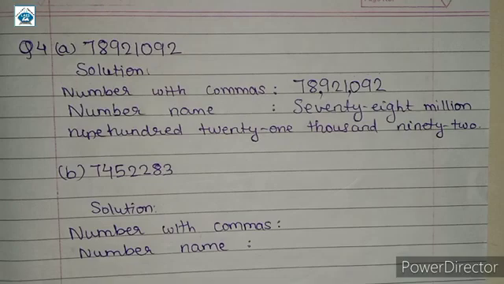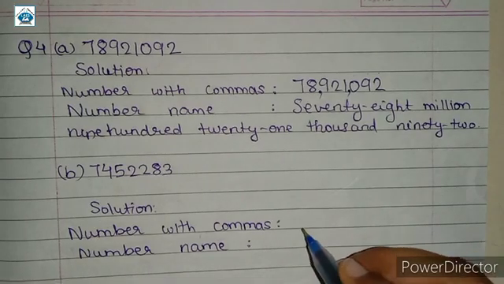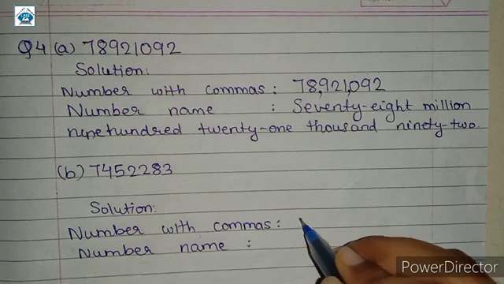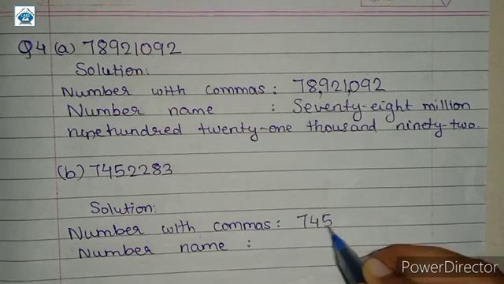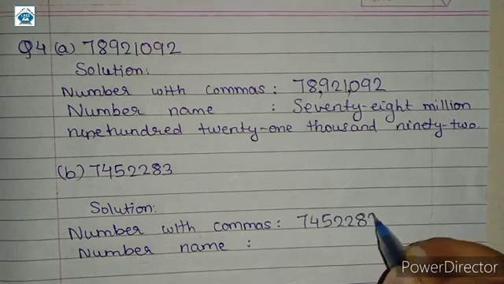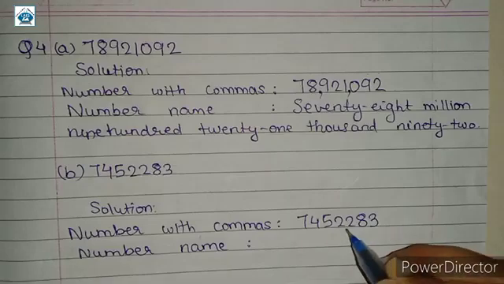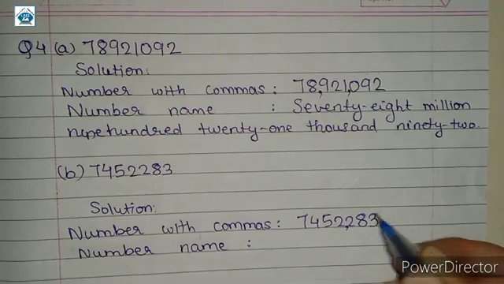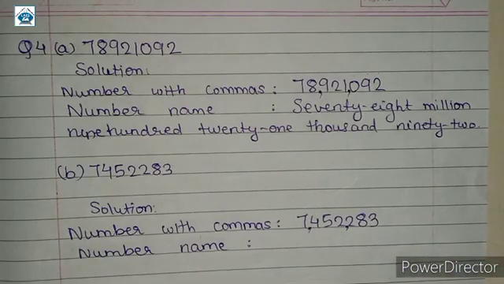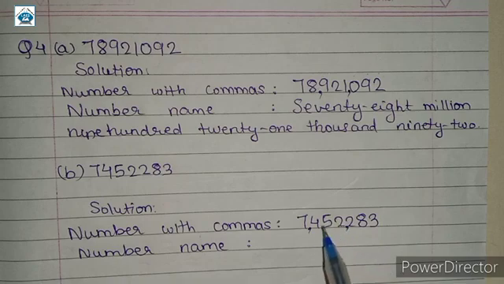In the next part, this is the number given to us. Let us write the number with commas. According to the International System of Numeration, the first comma will come after 3 digits and the next comma will also come after 3 digits. So here ones, tens, hundreds, 1000, 10,000, 100,000 and then million.